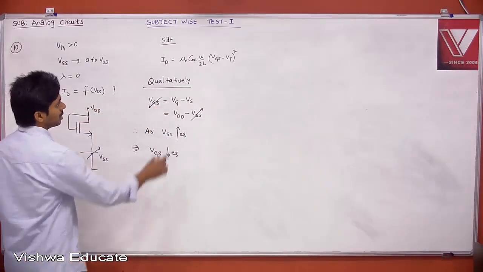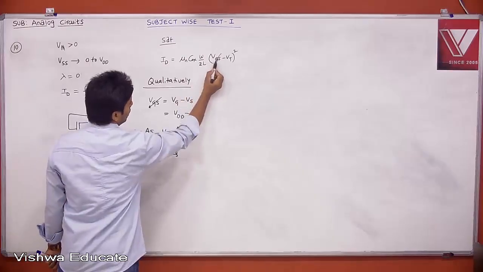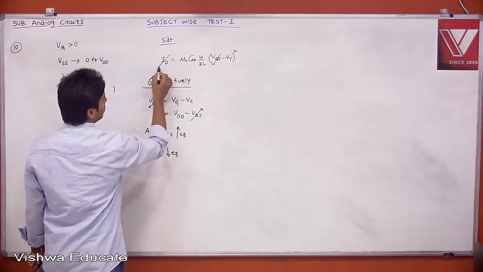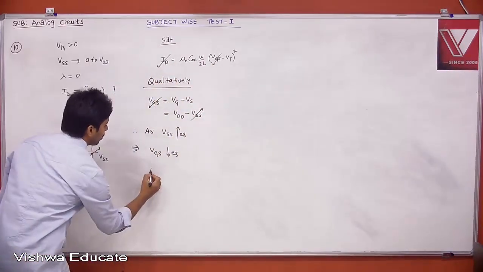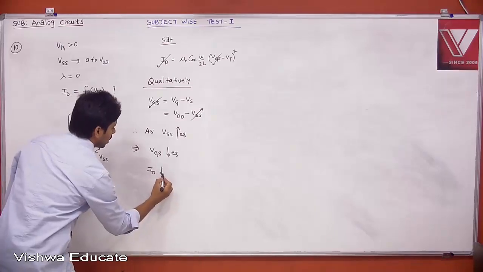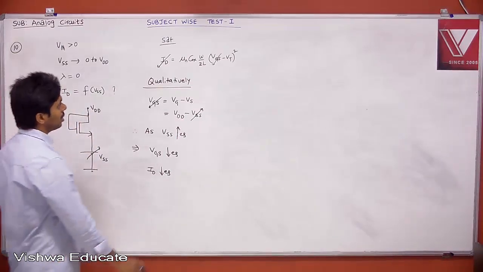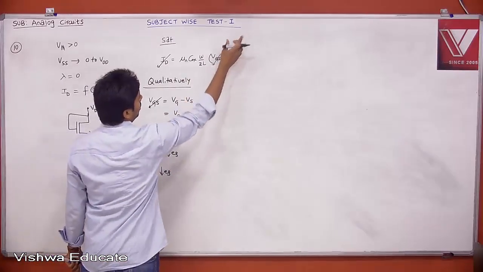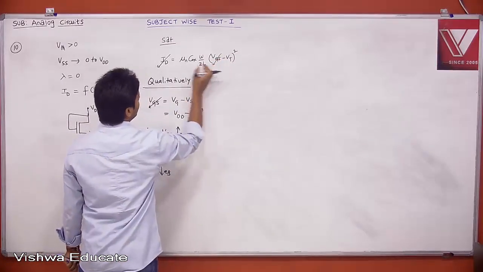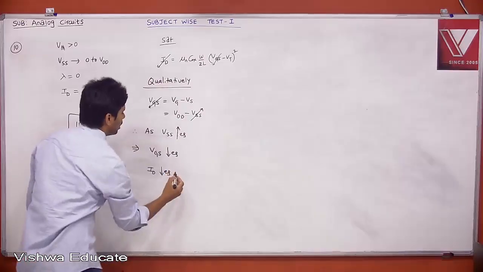When the gate to source voltage is decreasing, your ID also will decrease. But how is it decreasing? It is decreasing non-linearly because it is (VGS minus VT) square. When VGS decreases by some value, ID decreases non-linearly.